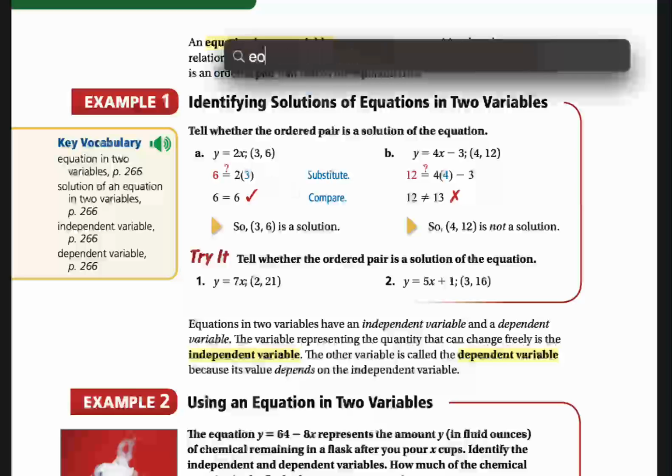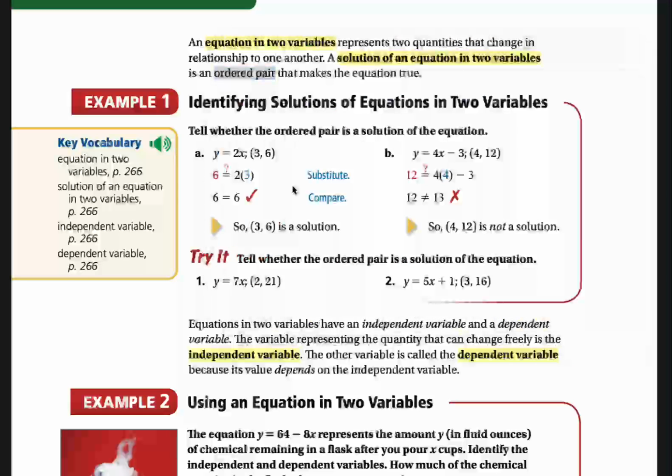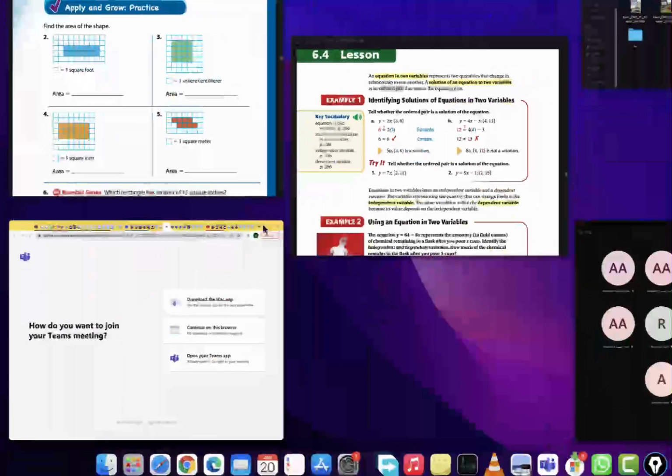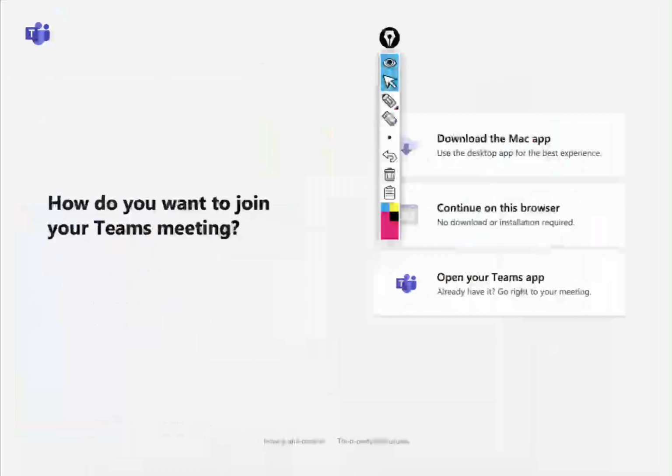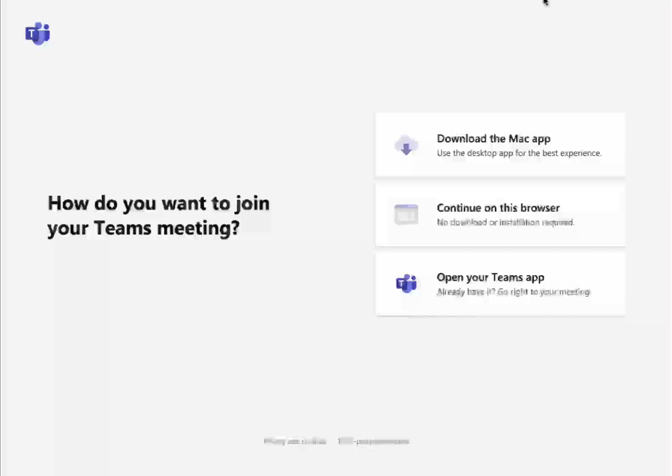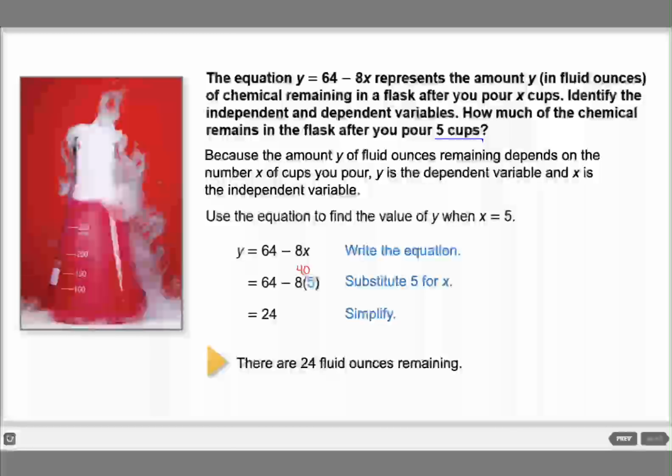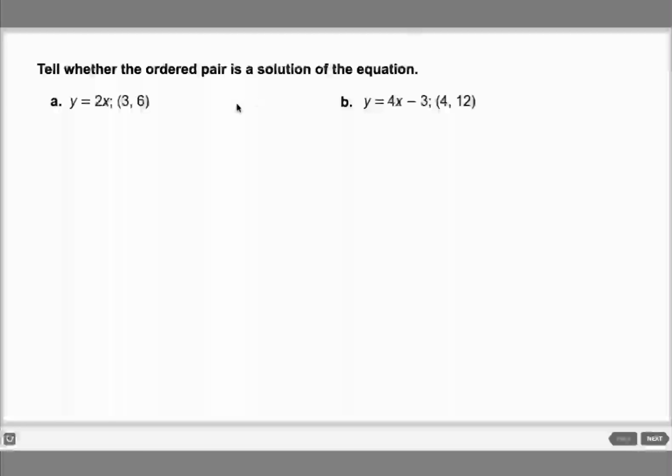So let's see example number 1. We use this page. Tell whether the ordered pair is a solution of the equation.